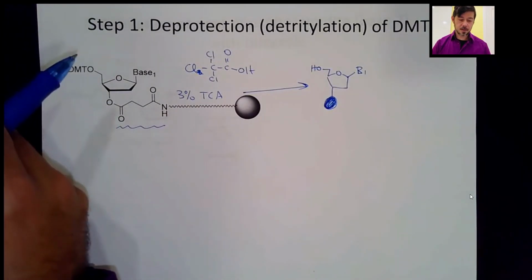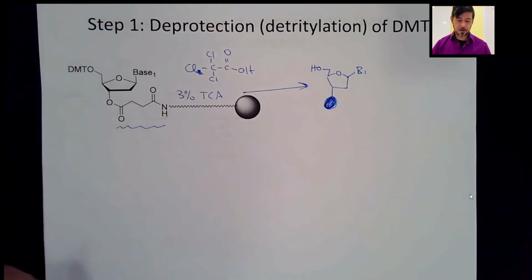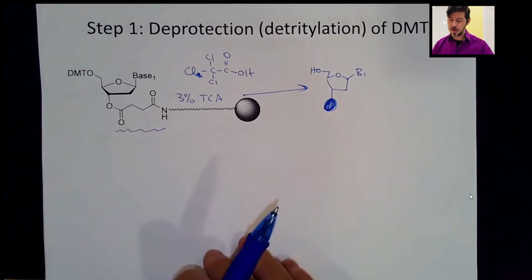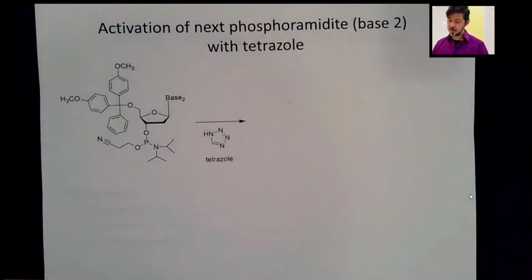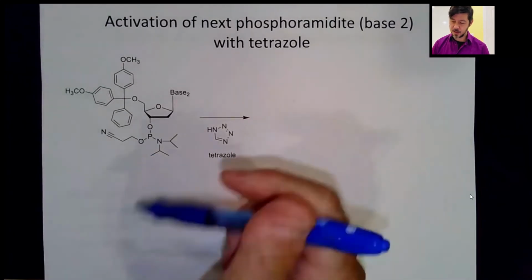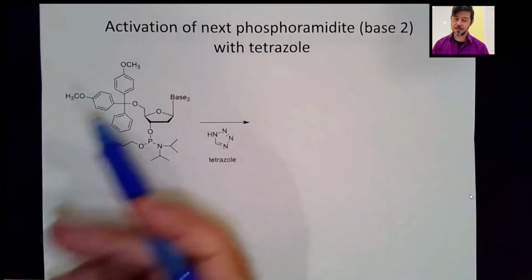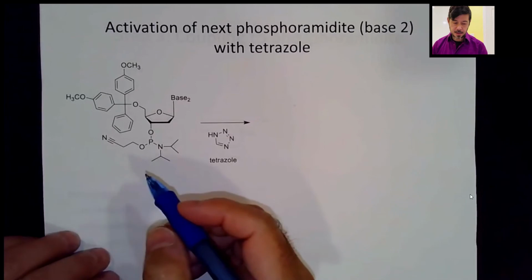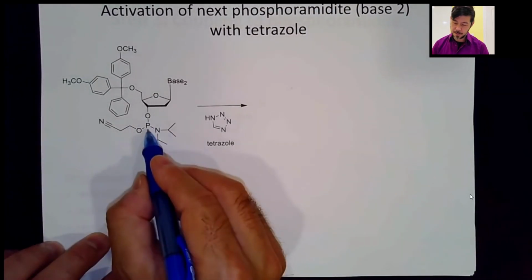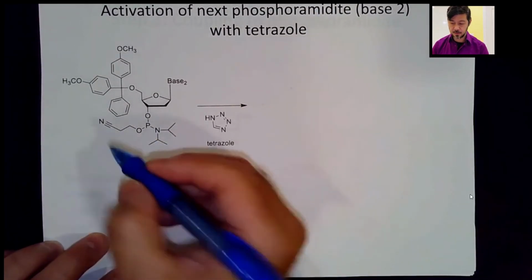So let's talk a little bit about how we now do our next step, which will be activation of the phosphoramidite base 2 with tetrazole. Okay, so here's our phosphoramidite. Okay, so now we're looking at base 2. We got to get this ready for coupling. And I told you that this is electrophilic, and it is electrophilic.